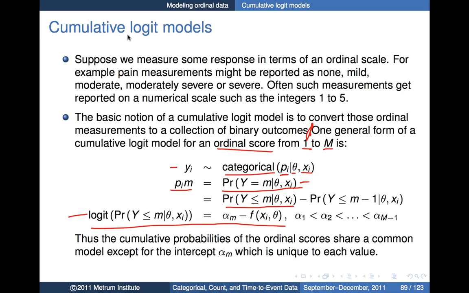In the classic cumulative logit model, the only thing that differs with m across those M minus 1 binary outcomes is going to be the intercept term, alpha_m. That's what I'm saying here, where I say thus the cumulative probabilities of the ordinal scores share a common model except for the intercept, which is unique to each one of the possible values of our dependent variable.